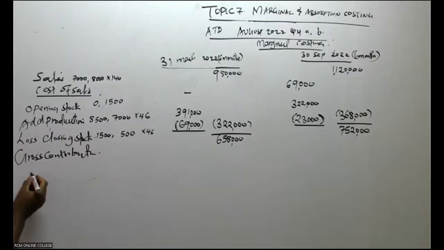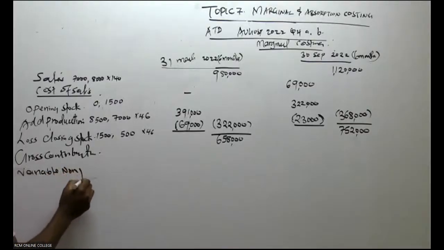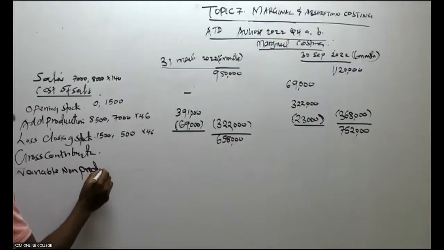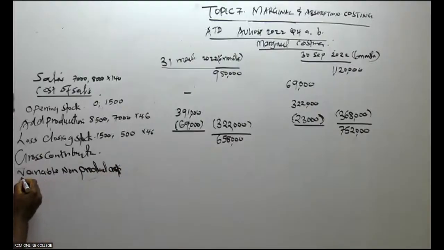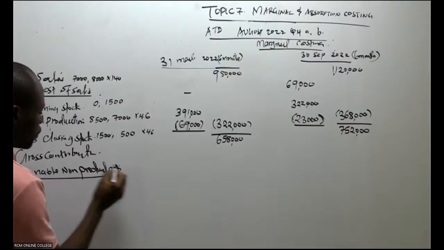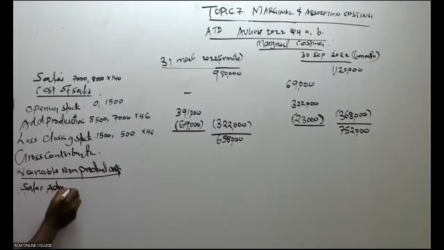You now come here and less, or just indicate, variable non-production costs. We have selling or administration, we call it sales, admin, and distribution costs.